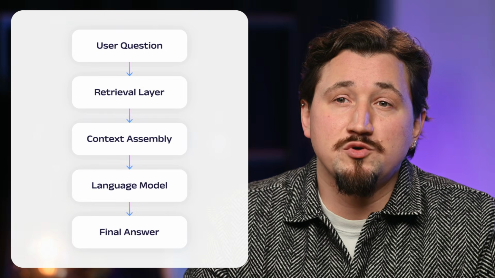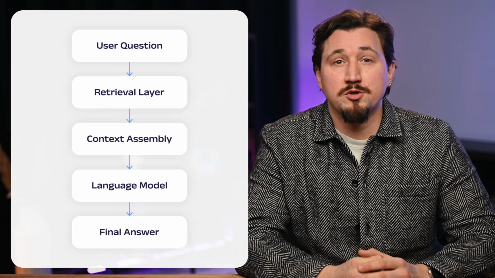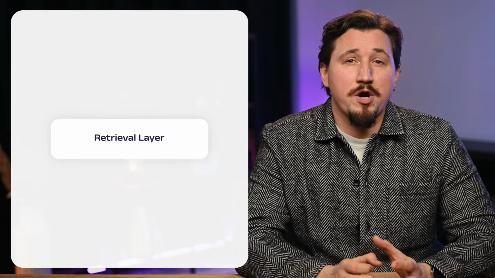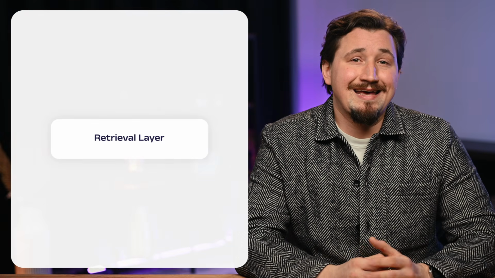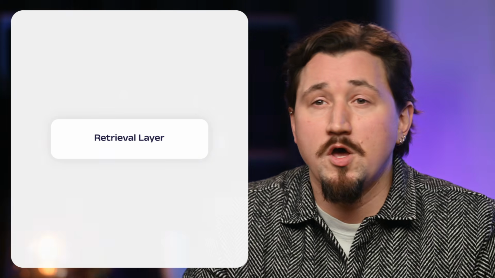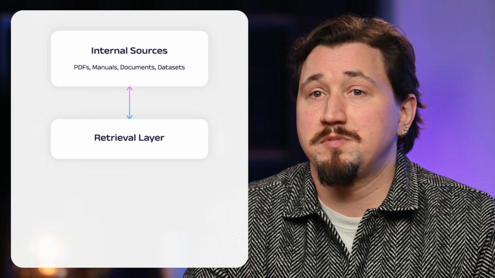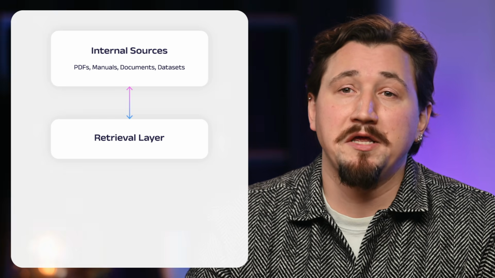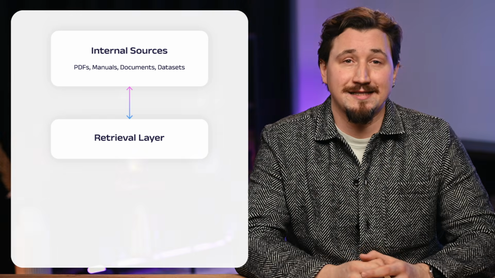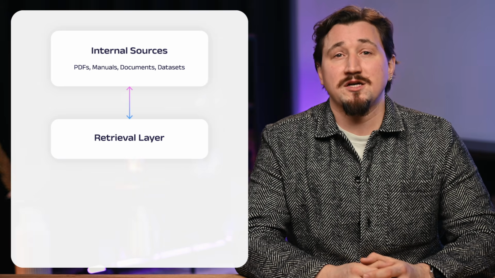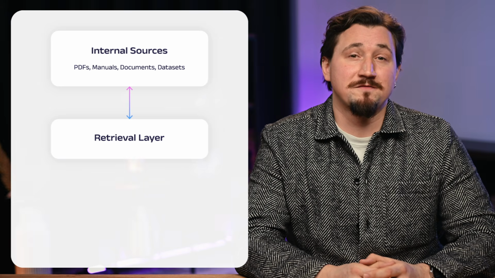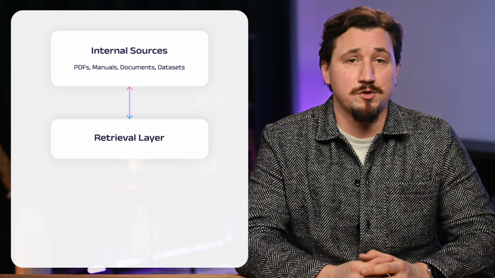Now, let's zoom into the most important part of RAG, the retrieval layer. This is where most of the flexibility and the power comes from. Most RAG systems start by searching internal sources. That could be PDFs, knowledge bases, company documents, or structured datasets. A RAG system uses vectors to look for the most relevant pieces of text based on meaning, not keywords.